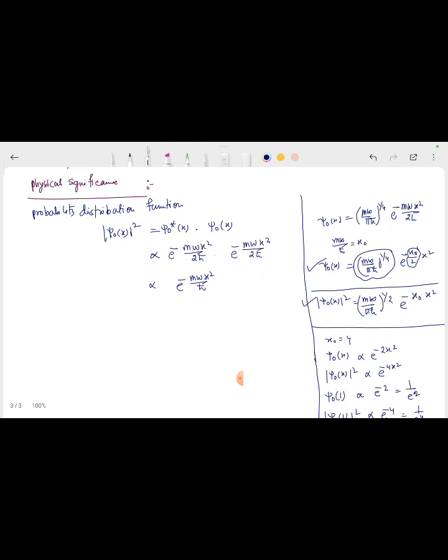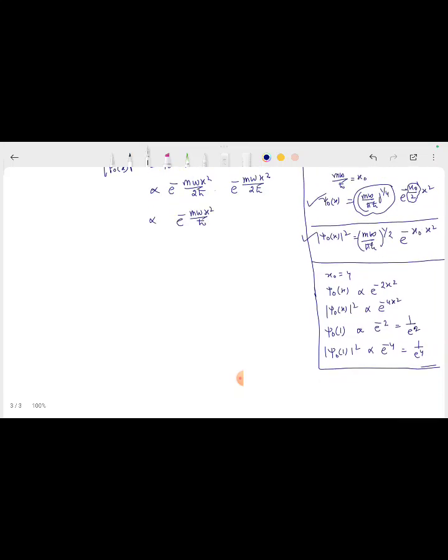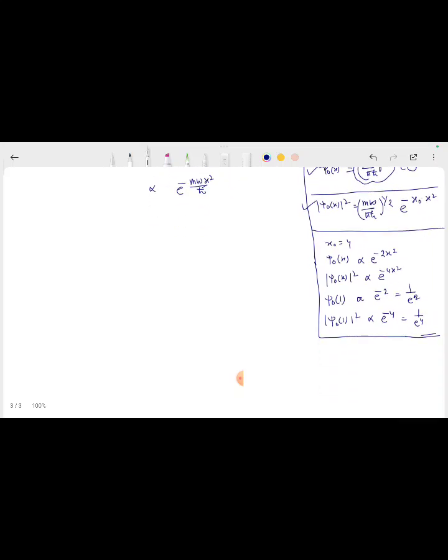So obviously the probability distribution function has a peak value at x equals to 0 much greater. If we plot these two in the same plot, we get the same type of eigenfunctions.